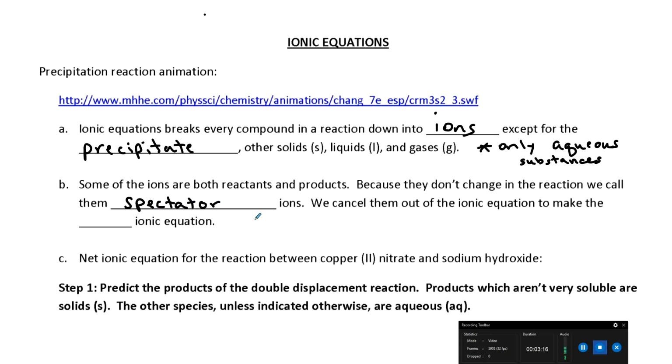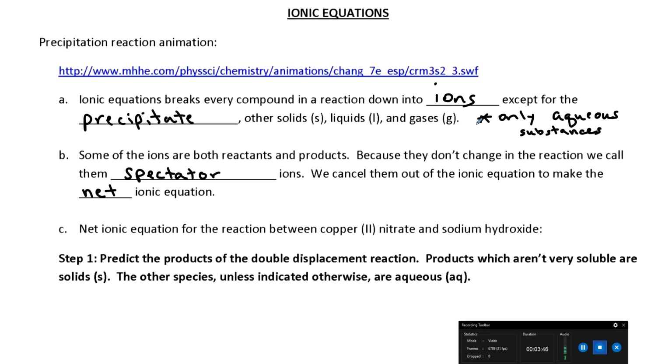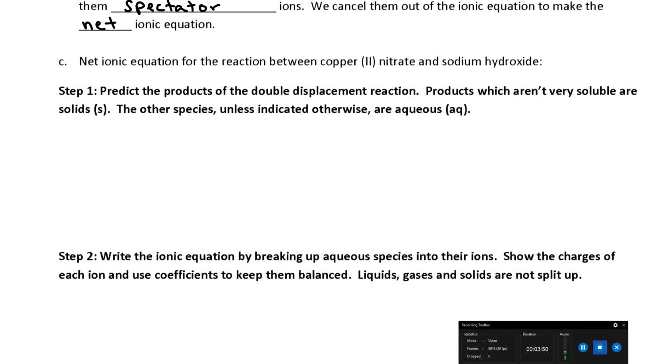They're there before and after, and they don't join up with anything new because they stay dissolved in the solution. So those spectator ions can be canceled out of the ionic equation to make what we call the net ionic equation. Net is kind of like at the end, the simplest version of that reaction. This all makes a lot more sense in a minute when we walk through an example.